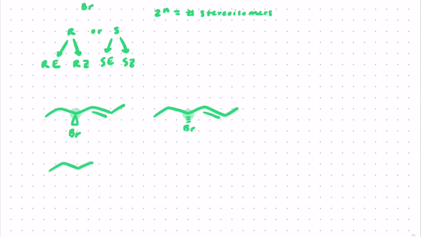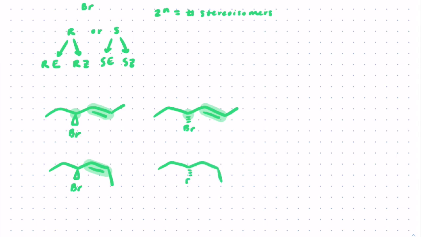Oops, I was too hasty. We'll keep the chiral center the same, but we'll change the alkene from trans to cis, or the better way to call it is from E to Z. So this is an E alkene, and then this is a Z alkene.